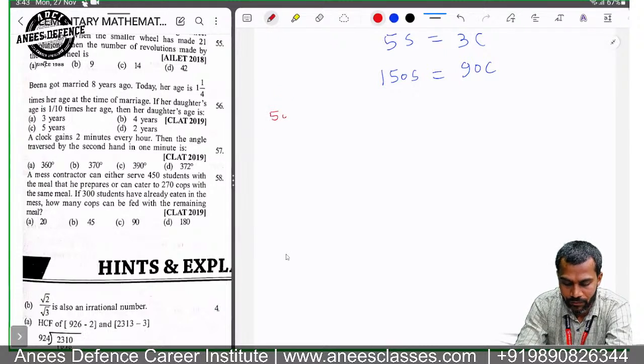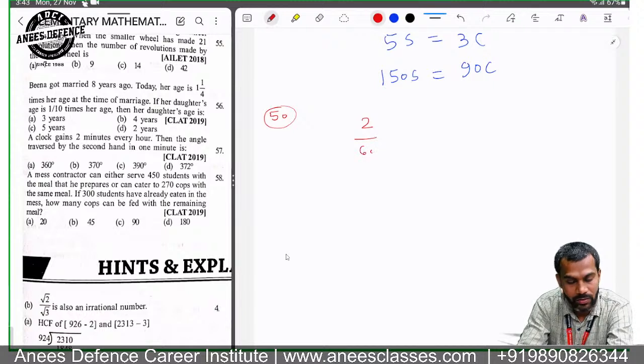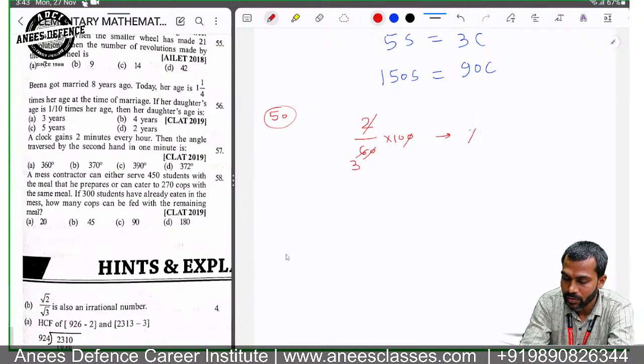We are solving question 50, right? So 2 minutes in every hour means 2 by 60 into 100, that is equal to 10 by 3. So percentage gain is equal to 10 by 3%.